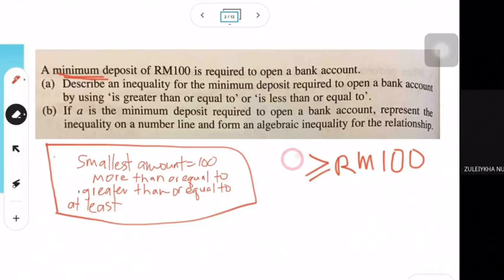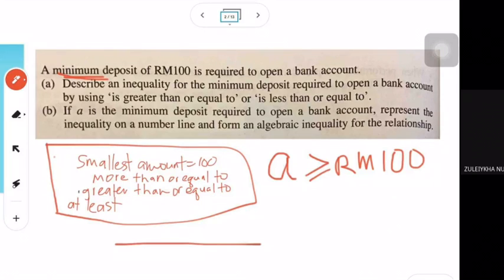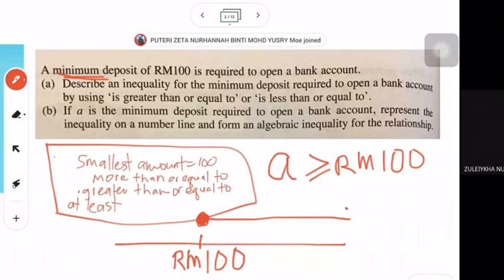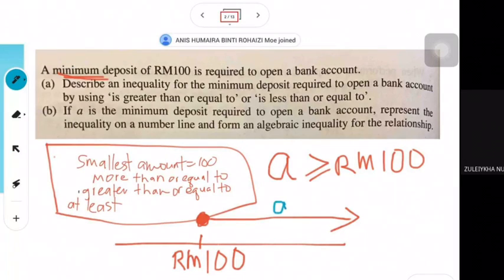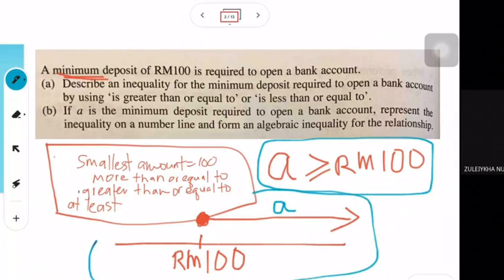Jadi on the number line, since the minimum is 100, so here is RM 100 and 100 is included, so we must make a full dot, and above, and the symbol is A. Ini untuk jawapan bagi A, ini untuk jawapan bagi B. This is for question A, this is for question B.